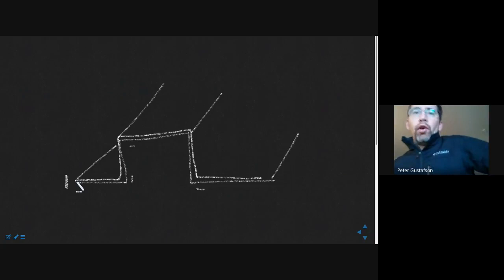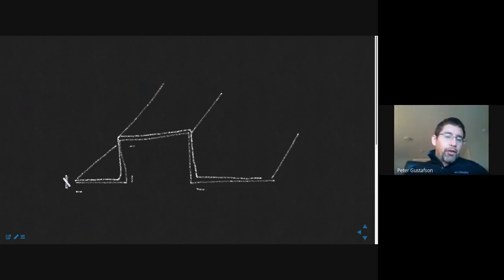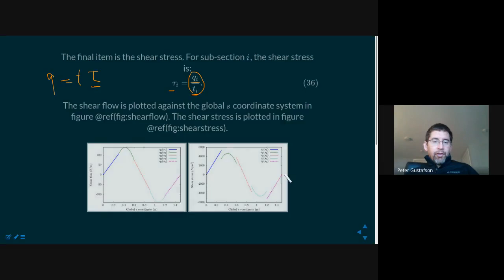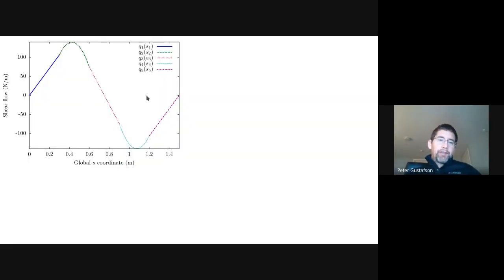Consequently, shear flow, which is shear stress times thickness, also has to be 0, so we need it to be 0 at the left edge and 0 at the right edge. And as we look at these plots, what do we see? We see it 0 at the left edge, and we see it 0 at the right edge.